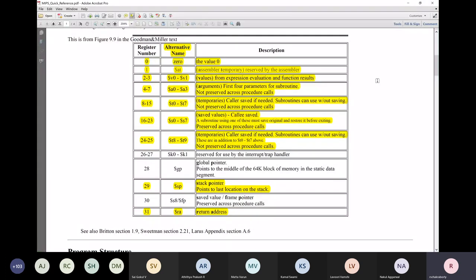Then there are $t8 and $t9, which are also temporary registers. So these are 10 temporary registers. And then there are 8 saved registers, $s0 to $s7. So these 10 temporary registers and 8 saved registers, these 18 registers you will find are your primary workhorse. Okay. Most of your code will consist of using these 18 registers.